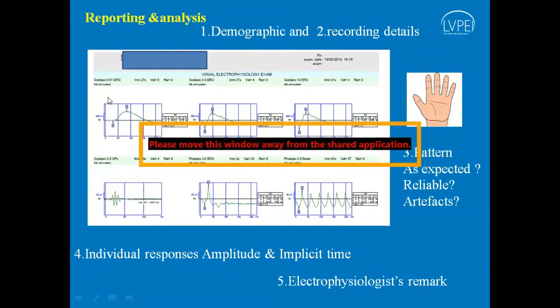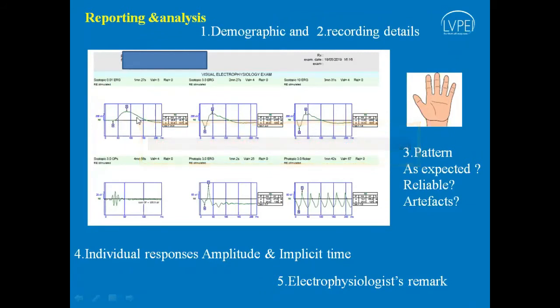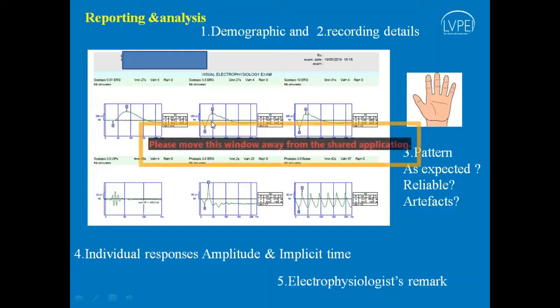So this is the 0.01 scotopic ERG, initially called the isolated rod response because this is dominated by the rod photoreceptors. Here the positive wave is called the B wave, and the A wave is too small to be detected. And this is very specific for the rod bipolar cells. This is again followed by 3.0 scotopic ERG with a brighter flash. Here slowly the cone contribution increases, and we have an A wave and a B wave.